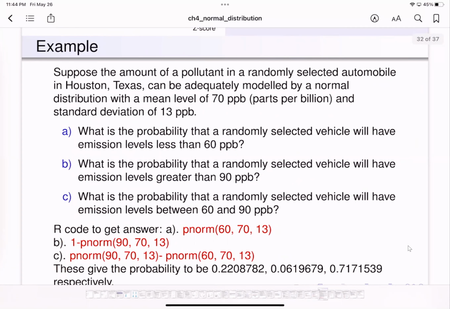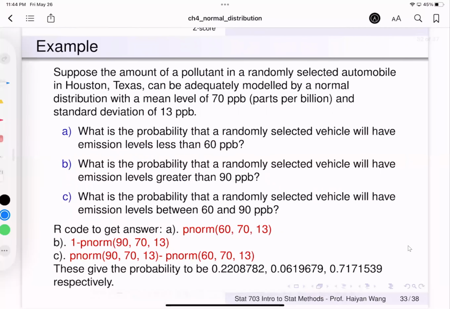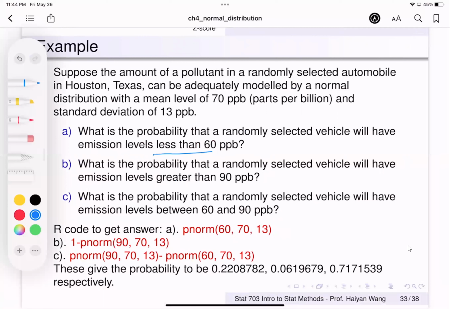For this one, we just need to write pnorm with the 60 here, this part is the mean, and the next one is the standard deviation, sigma. Submitting this command in R will give us the probability. For part B, the answer is 0.22.